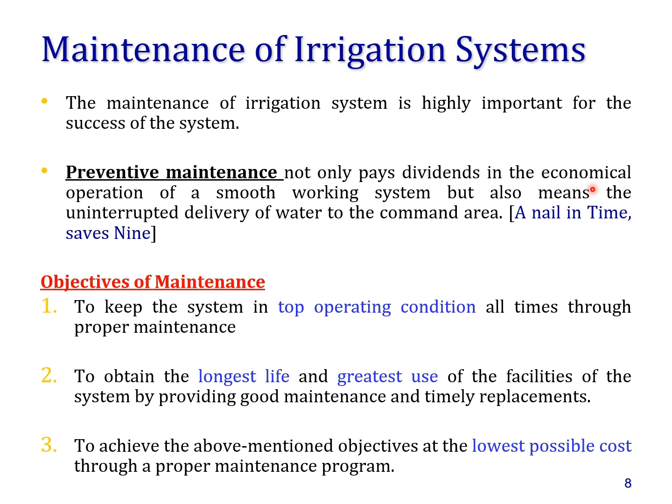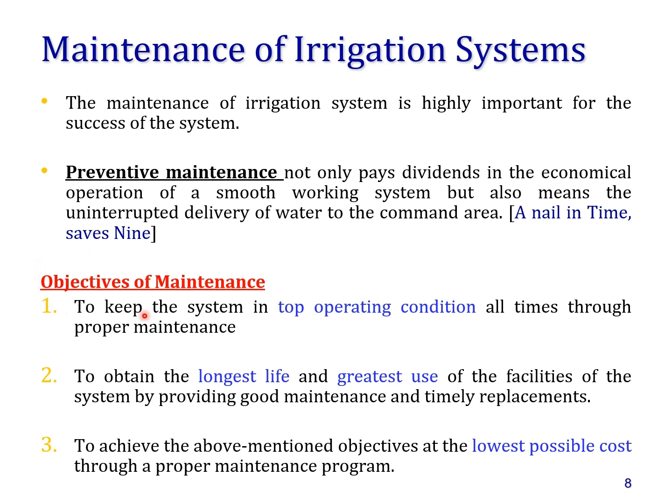If you believe in reactive maintenance, then definitely you are going to suffer loss, and also you cannot ensure uninterrupted delivery of water because, for example, if there is some breach, then you not only lose water but you also lose time, and the supply of the canal will be interrupted. There is a famous saying, a stitch in time saves nine, which basically refers to the proactive approach.